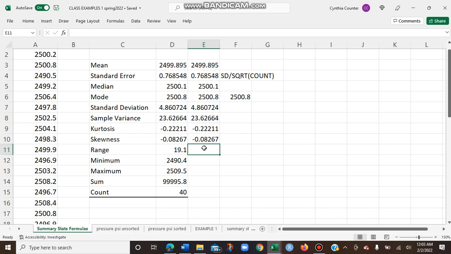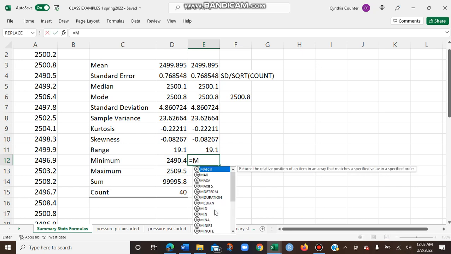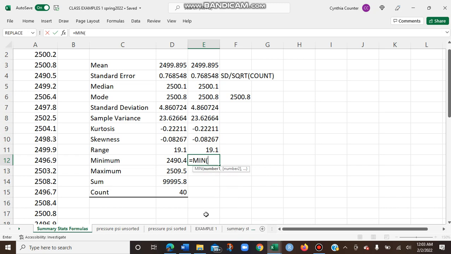Now, the range is simply the maximum minus the minimum. So there is no built-in function for that. It's the same as just going MAX minus MIN. Such a simple computation, there is no Excel formula for that. All right, so the minimum value can be found using MIN.